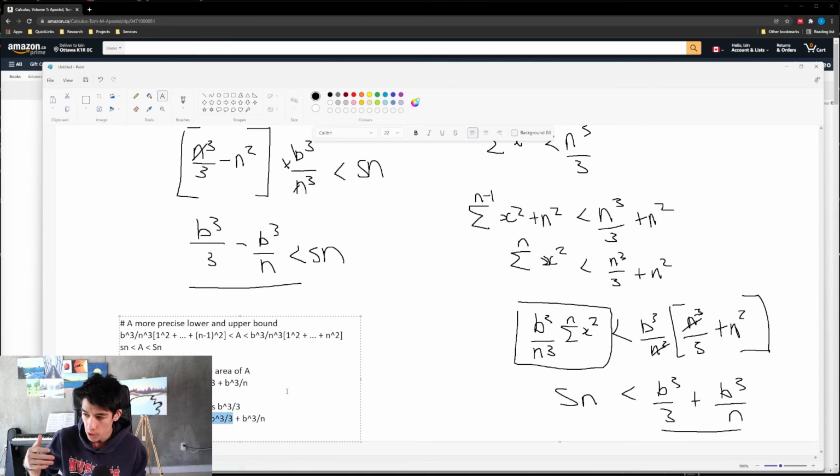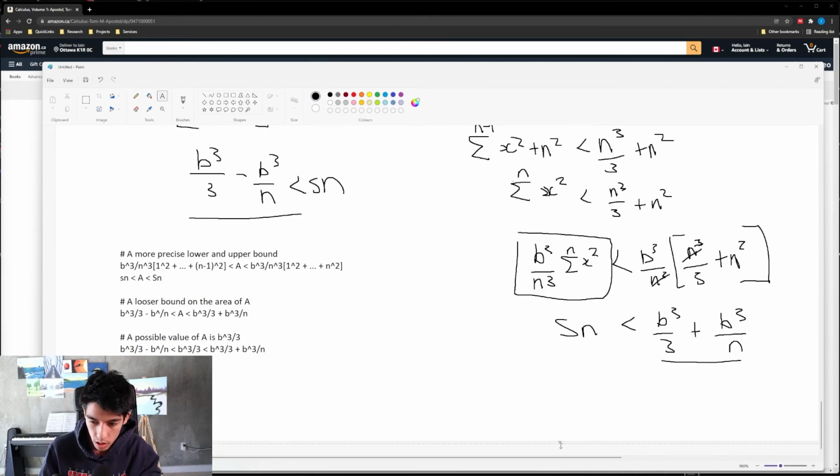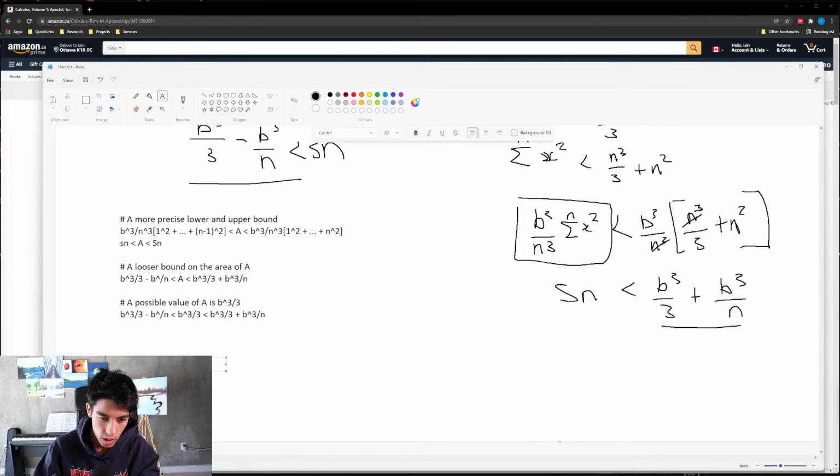Can a be less than b cubed over 3? Can a be more than b cubed over 3? I'll write this out.